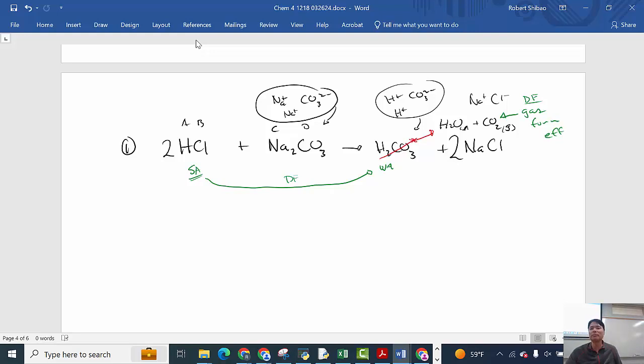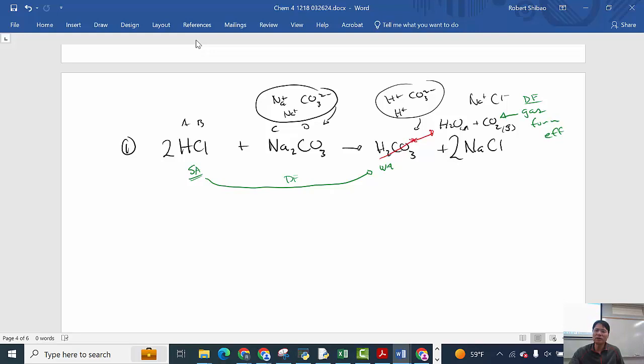We don't have any precipitate, because are sodium salts soluble or insoluble? All sodium salts are soluble, so this is going to be aqueous. What I did was I didn't write aqueous, because that saved me 12 characters of writing. But I did write liquid and gas, even though it's hard to read.